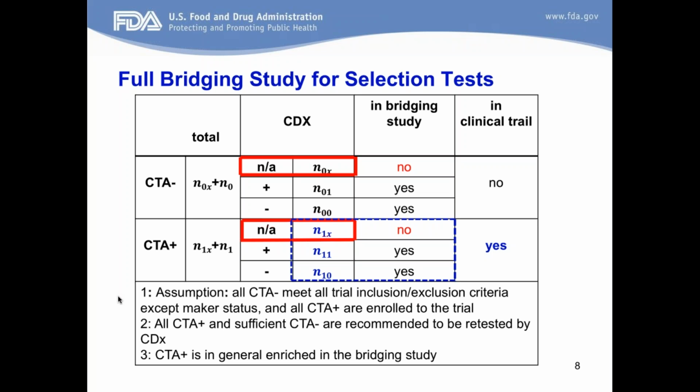Because CTA and CDX may not perfectly agree, it's possible that CTA negative could have CDX positive. It's also possible that CTA positive could have CDX negative.